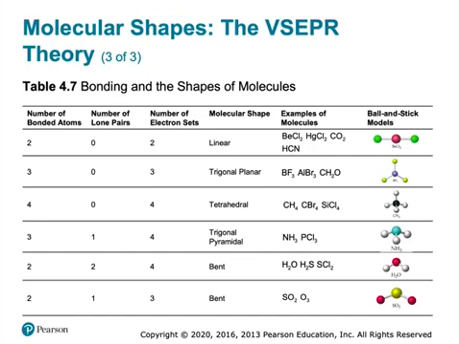But let's look at this. For the number of bonded groups, two bonded groups forms linear. For 3 electron groups, all bonded, that's going to be planar. I'm going to go to the bottom. I don't like this chart.